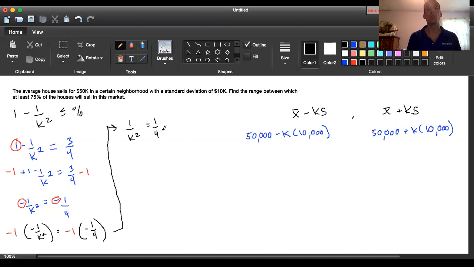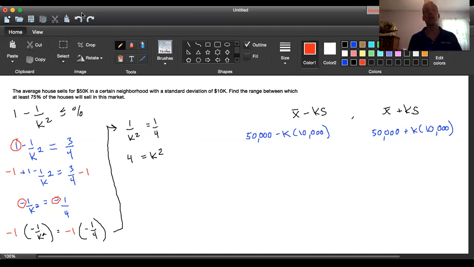The only problem is k is inside of a proportion now, and we have to break down those fractions somehow to get to k. So a great trick we can use would be cross multiplication. We'll say 4 equals k squared. That's multiplying the 4 right here times the 1, and the 1 times the k squared.